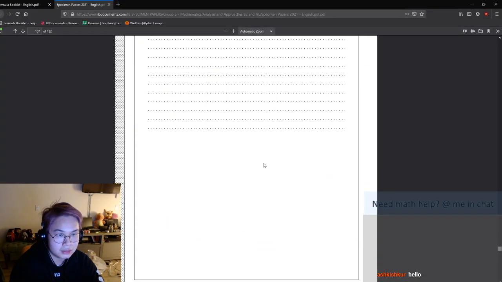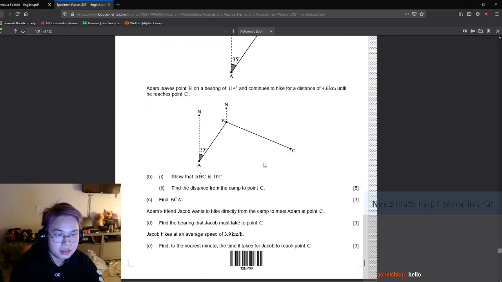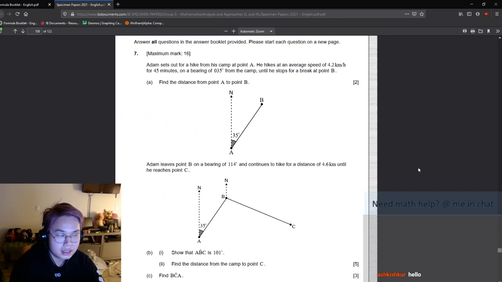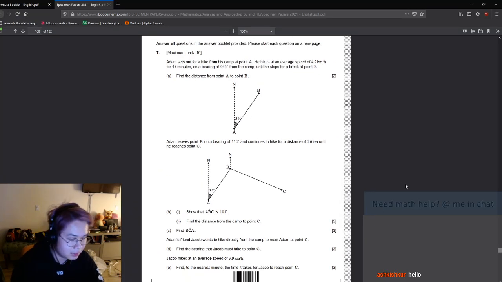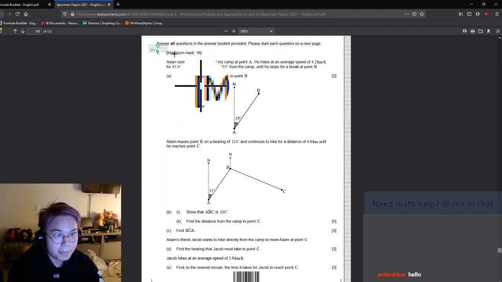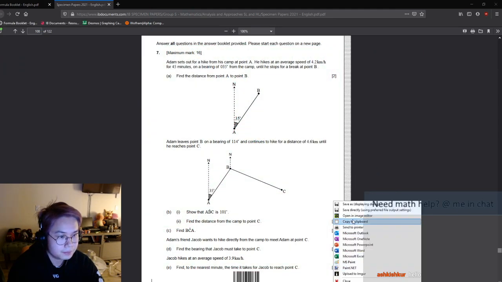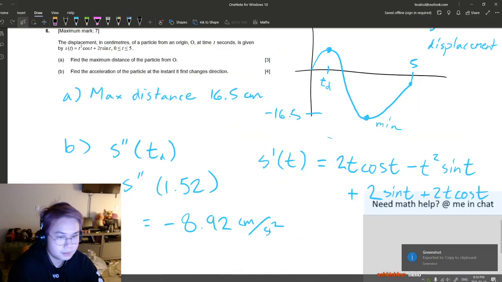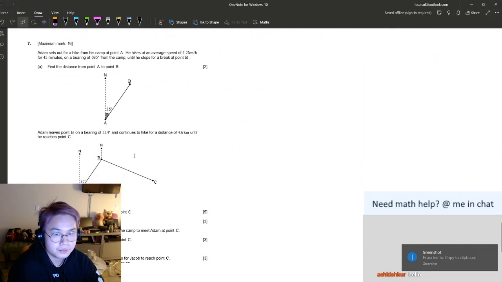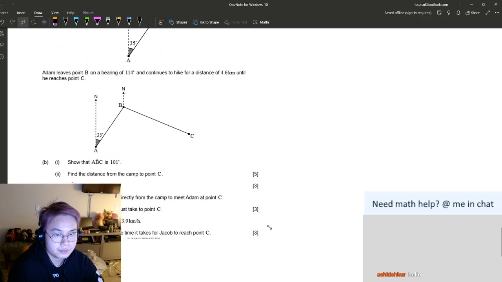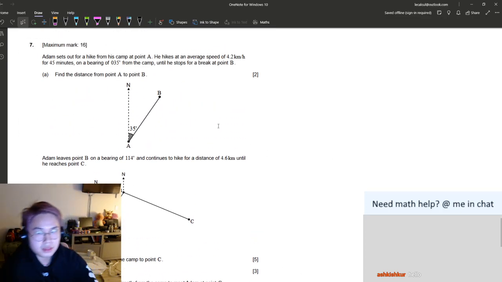Then we gotta go to, yeah, the big boy ones. I can't even copy this completely without zooming out. Alright, let's see.